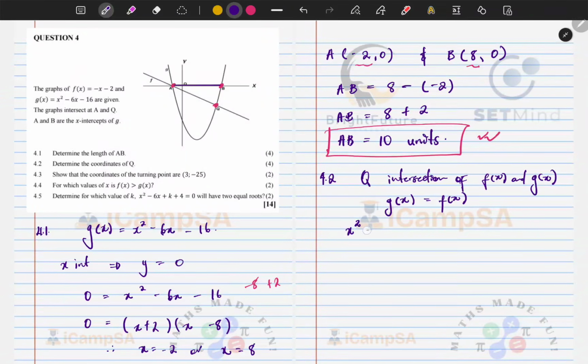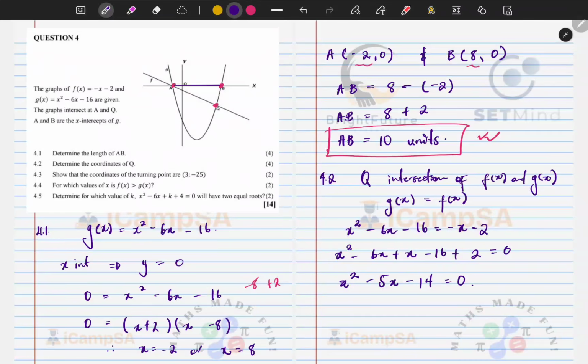So g of x, x squared minus 6x minus 16, equals minus x minus 2. We are solving for x now, since we want the coordinates of Q. So it's x squared minus 6x plus x minus 16 plus 2 equals 0. So x squared minus 5x minus 14 equals 0.